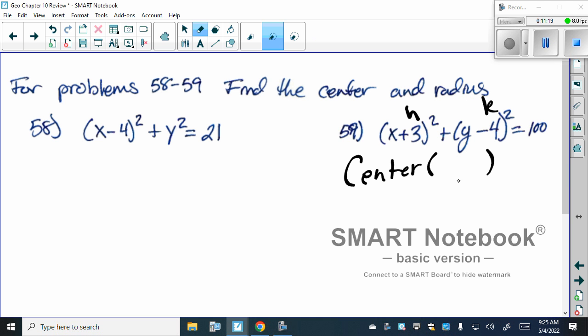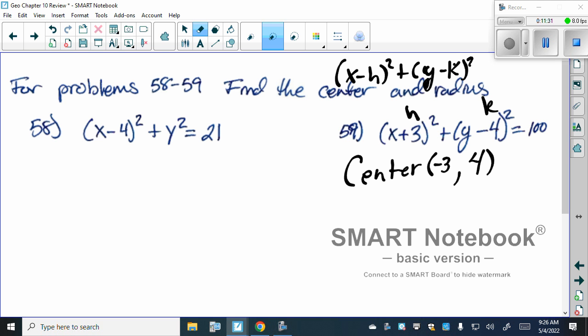Almost, because our general equation is x minus h squared plus y minus k squared is equal to r squared, so x minus h. So what's inside the parentheses should be a subtraction sign. If it's not a subtraction and it's plus, it means the value of h has to be negative. Because the general formula is x minus h.